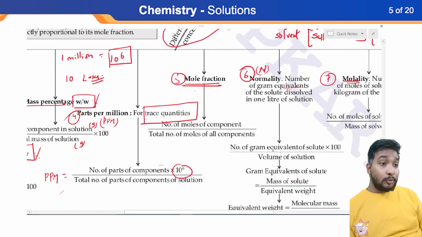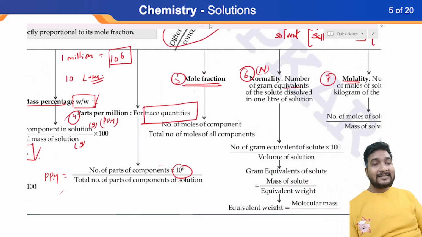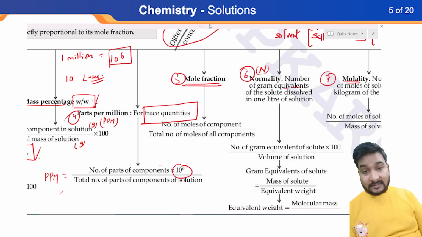Okay, now the other thing is mole fraction. Suppose we are mixing solute into solvent and making a solution. How many solutes have we mixed? Sometimes for making lemon water, we mix lime juice, citric acid, along with sugar, along with salt.